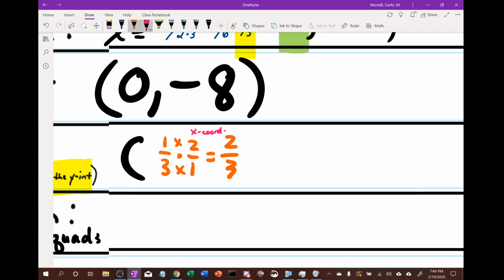All right. Now the y coordinate is the y-intercept. So what's that? Say it loud, somebody. What's the y-intercept?